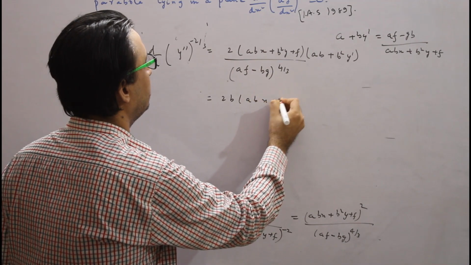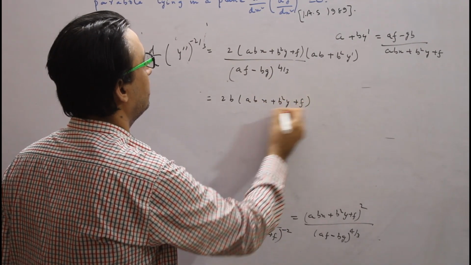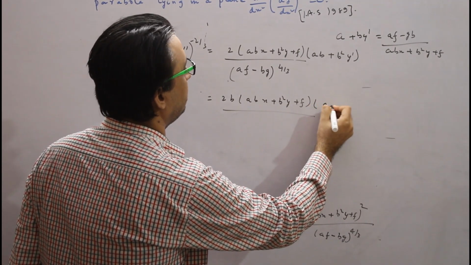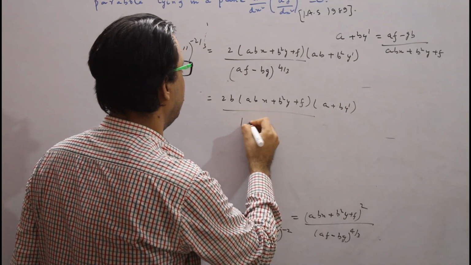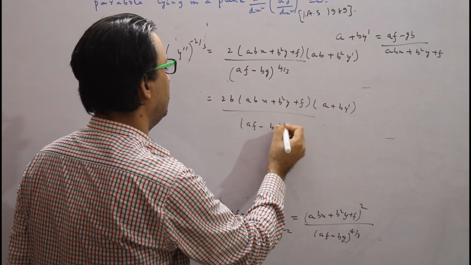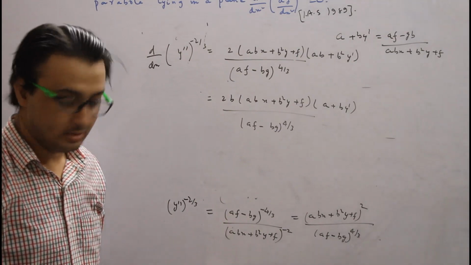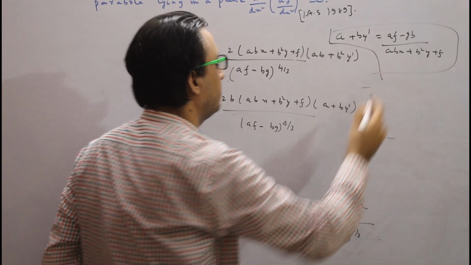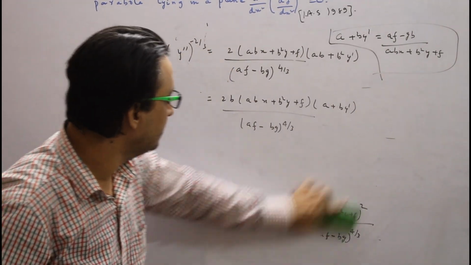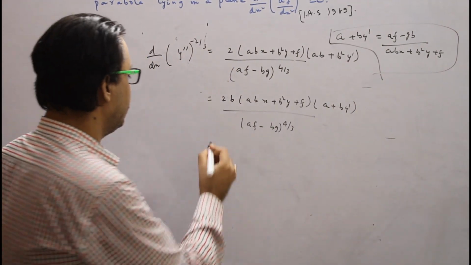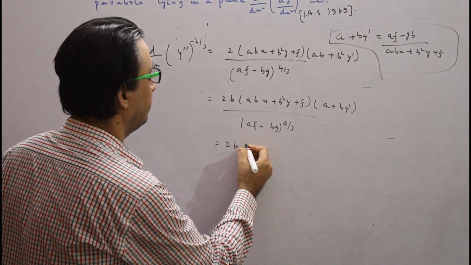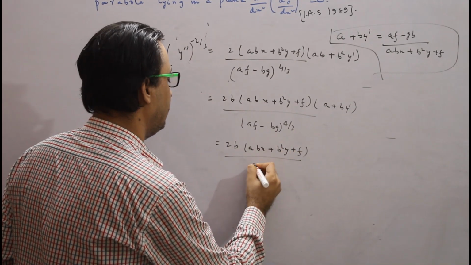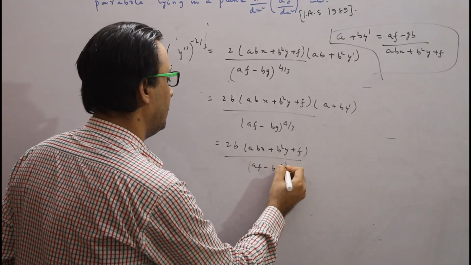This is (abx + b²y + f) divided by, again this becomes (a + by') divided by (af - bg) to the whole power 4/3. Now I am going to use it from here, as I told you earlier that I am going to use it once more. So when I am using it, what I will get? I will get this as 2b (abx + b²y + f) divided by (af - bg) to the power 4/3.